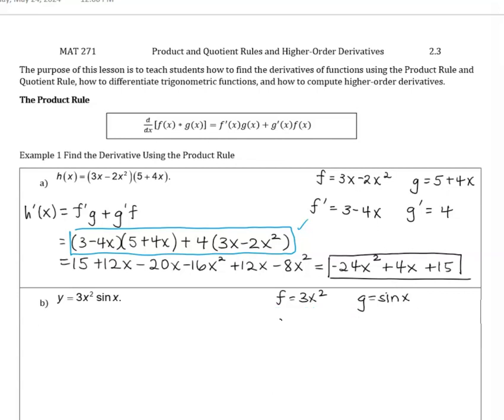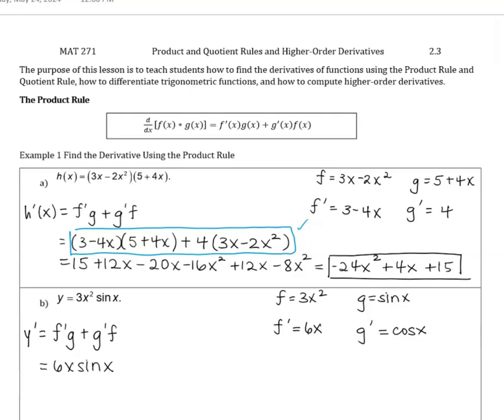I then need to calculate f prime and g prime. Both of these derivatives we will be taking using techniques that we learned in the previous lesson. Now that we have all four components, we are able to find y prime using the product rule of f prime g plus g prime f.